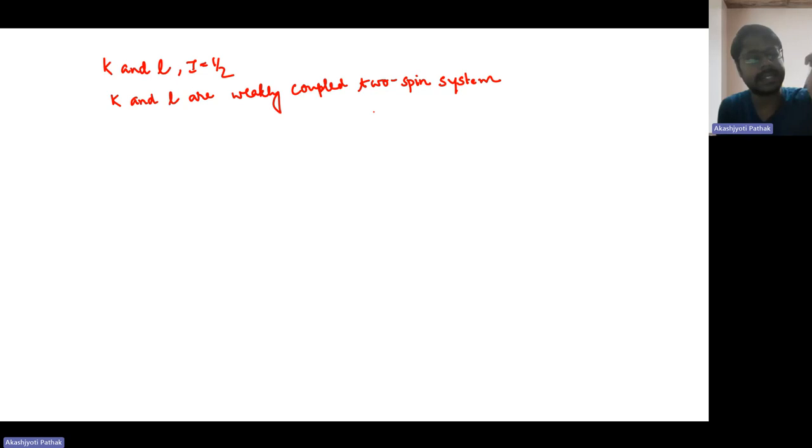If we want to write the density operator for this weakly coupled two spin system, what will we get? We have discussed these density operators.